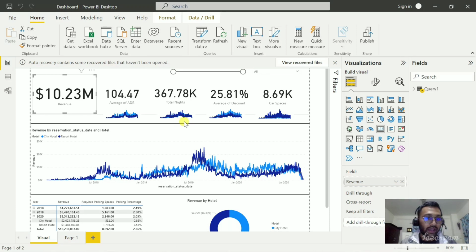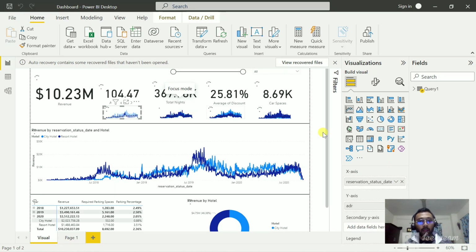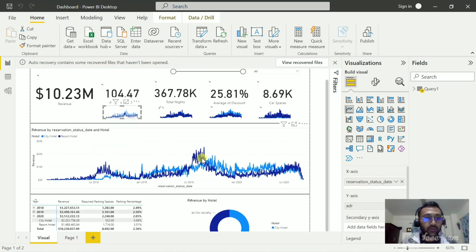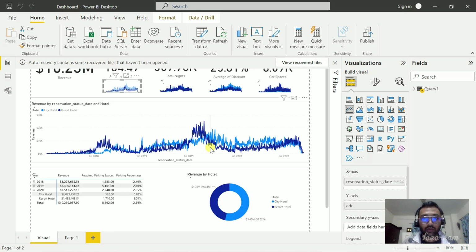For this, I attached a trend line below each amount, like you can see here. So that was what our Power BI dashboard looked like.